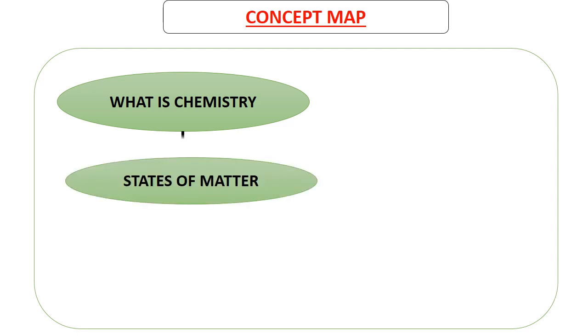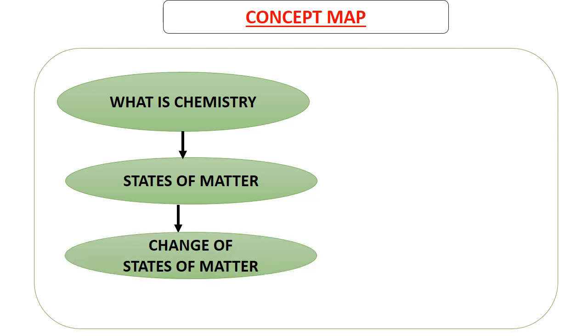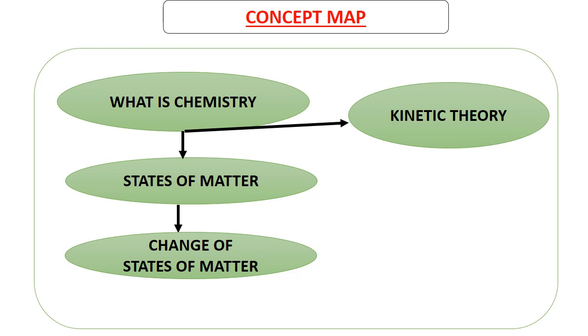We did that by looking at the states of matter. Then we also looked at the change of states of matter. Then we ended this video with an introduction to a theory called kinetic theory. So this theory was trying to explain the nature of the chemicals that make up matter.